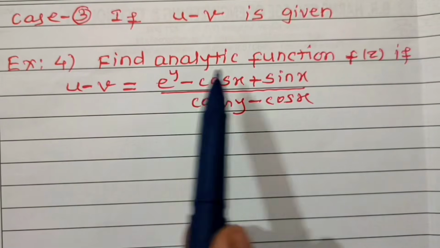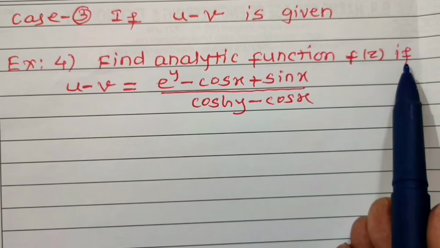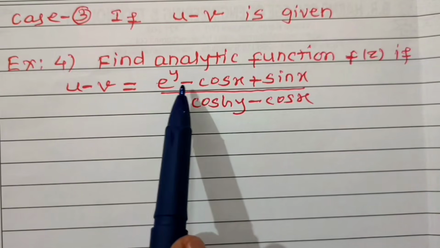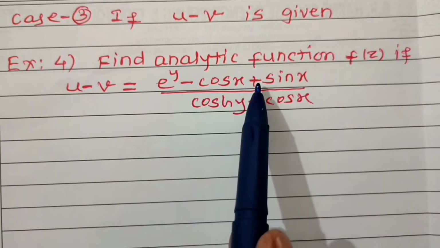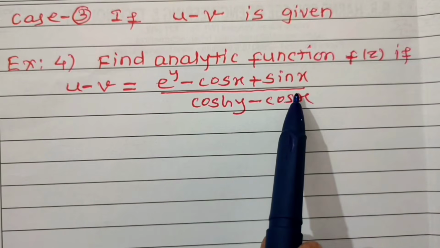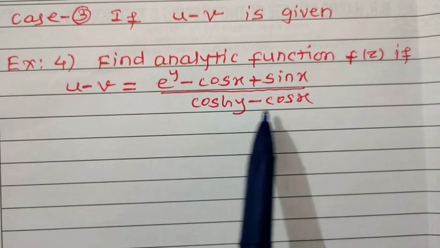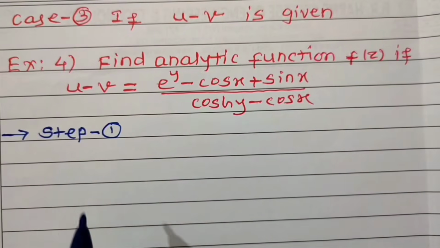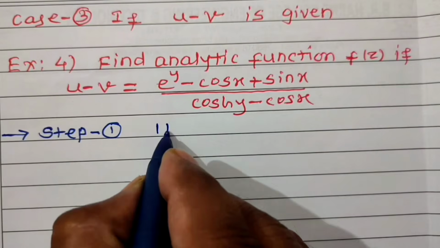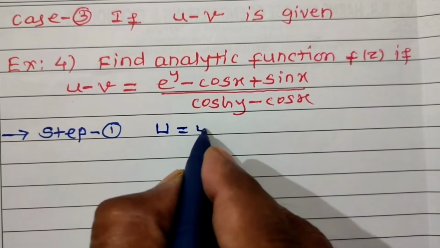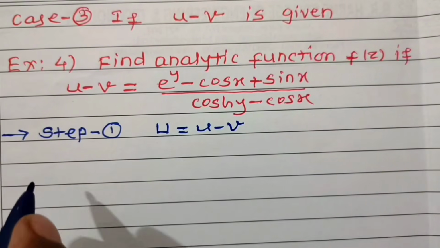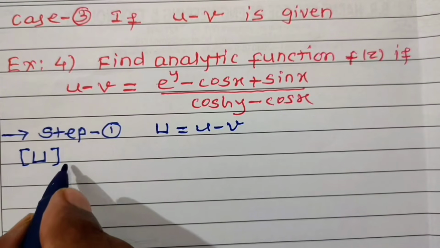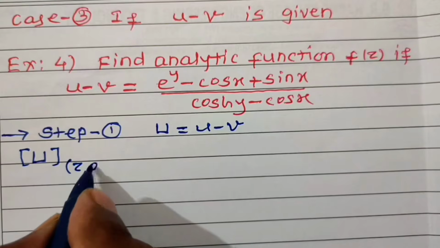Find analytic function f of z if u minus v is equal to e to the power y minus cos x plus sin x, whole divided by hyperbolic cos y minus cos x. So its solution: step number 1. Assume capital U is equal to u minus v. Then find capital U replacing x by z and y by 0.